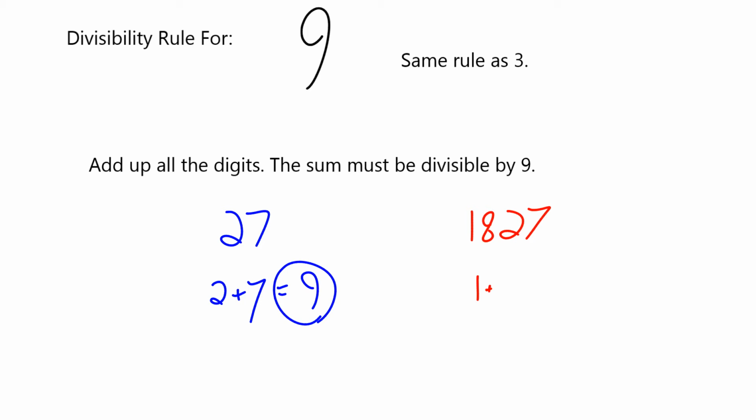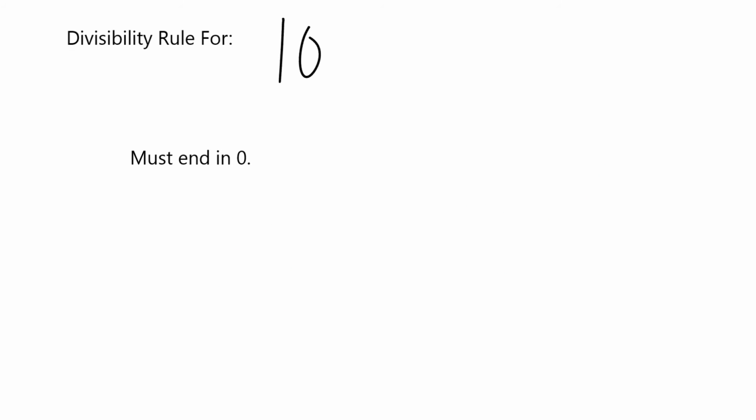If you add all the digits again, you should get 18. Since 18 is divisible by 9, so is 1,827. Divisibility by 10 is probably the easiest. The rule is that it doesn't matter how long the number is, but as long as it ends in 0, it's divisible by 10.